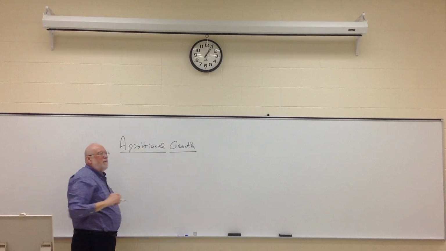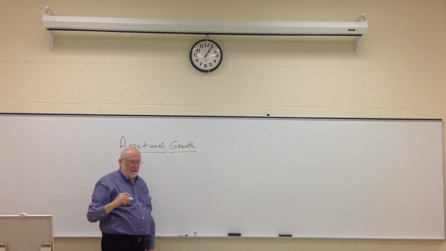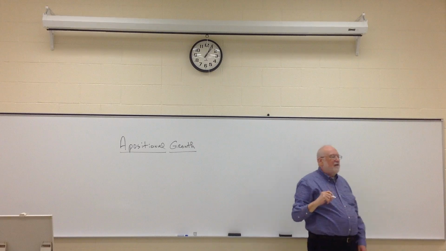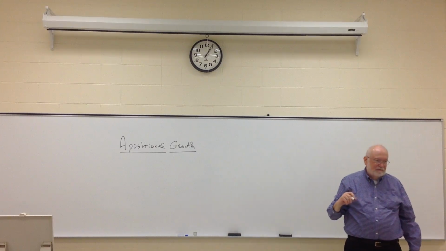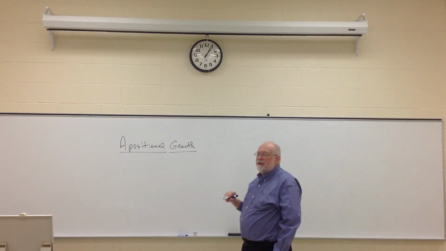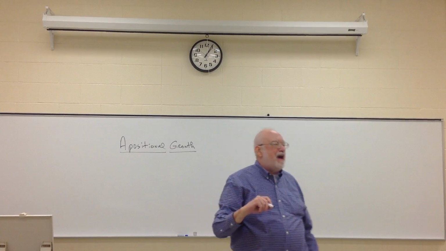Well, the other way that bones can grow is by what we would call appositional growth. Now, I like to think of it more of depositional. Now, I'll explain why here in a minute. But appositional growth is how bones grow to increase in diameter.